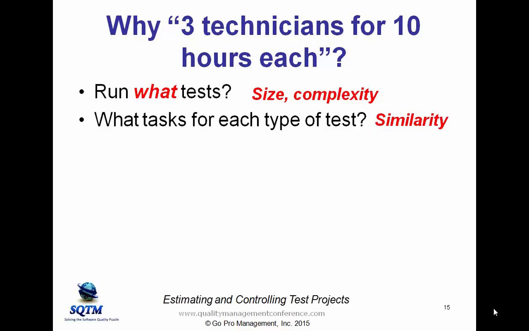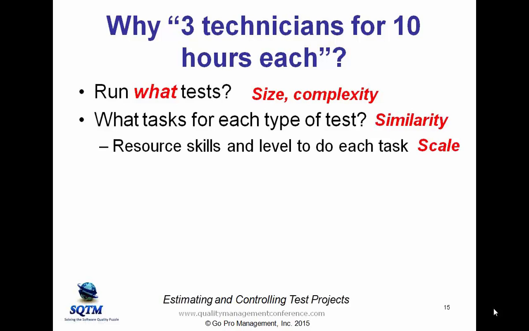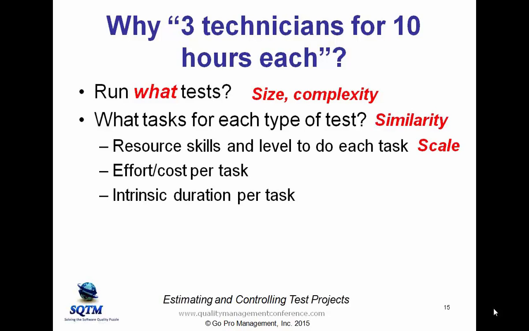And if we're not aware of those, then we're going to be wrong on things like the resource, skills, and level to do each task, the effort and cost per task, the intrinsic duration per task, and if we're not clear on all those tasks and subtasks, then we probably don't have a legitimate or reliable basis for knowing what the reference took.